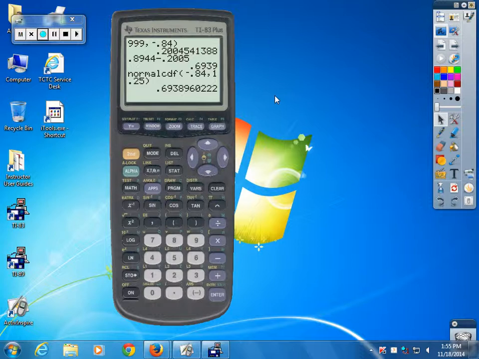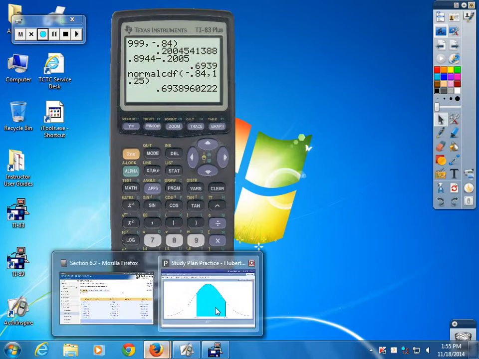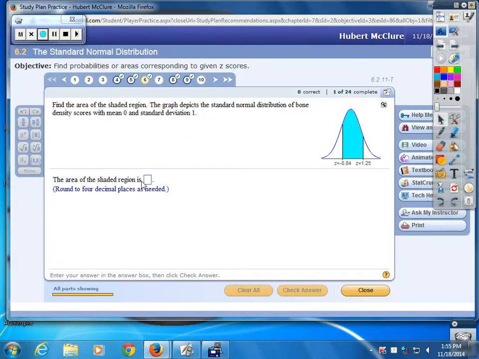It's a miracle. So the area between these is 0.6939. Everybody with me? Don't hit that subtraction symbol.